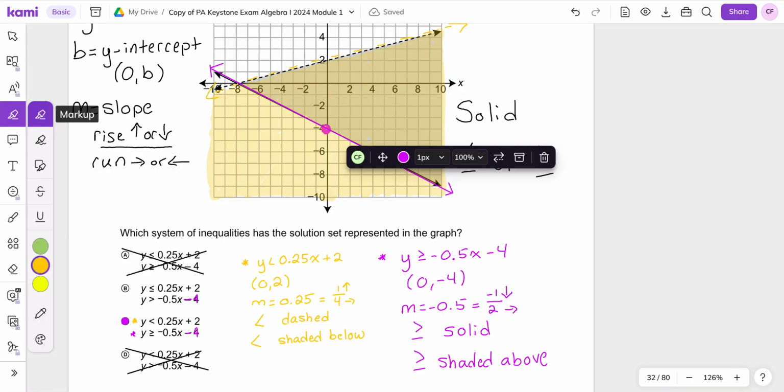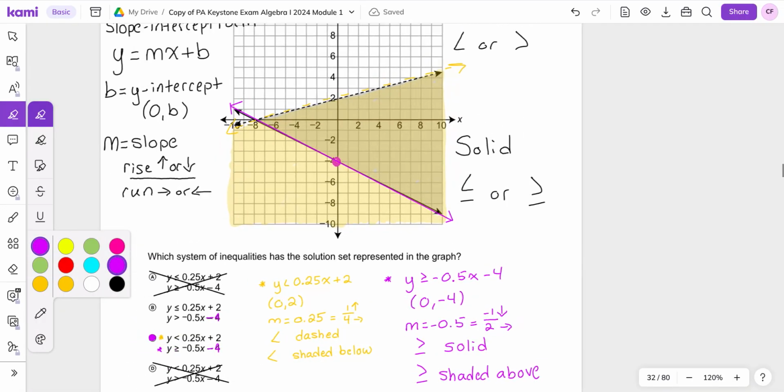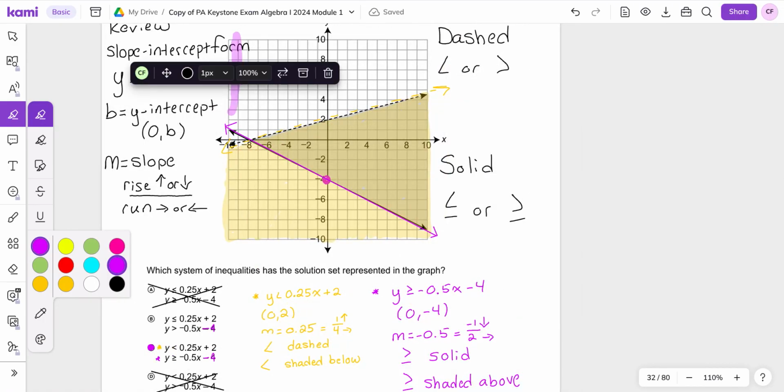And to shade this one, shading everything above it. And my answer for this one is everything in the purple shaded region, including the line because it's a solid line.